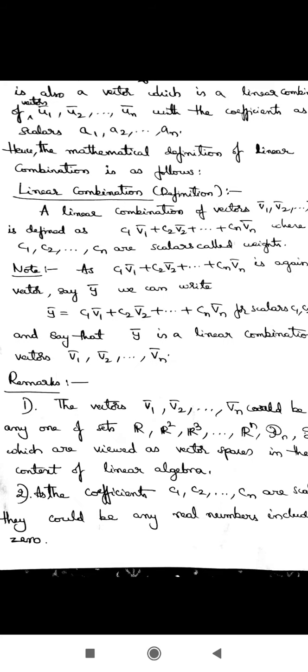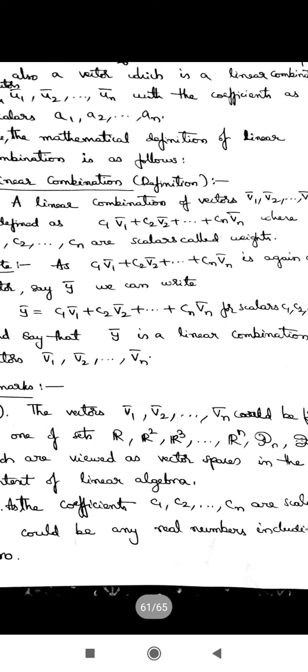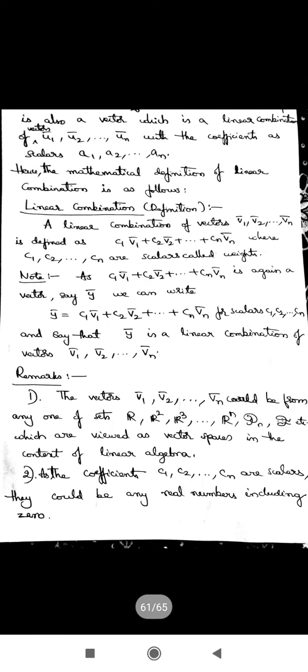Now it is time to make some remarks from whatever we have learnt so far. The first remark is that the vectors v1 bar, v2 bar, so on vn bar could be from any one of the sets R, R2, R3, so on Rn, Pn, F, etc., which are viewed as vector spaces in the context of linear algebra.